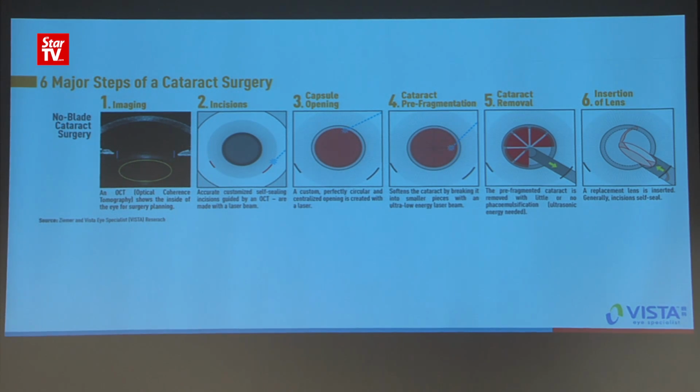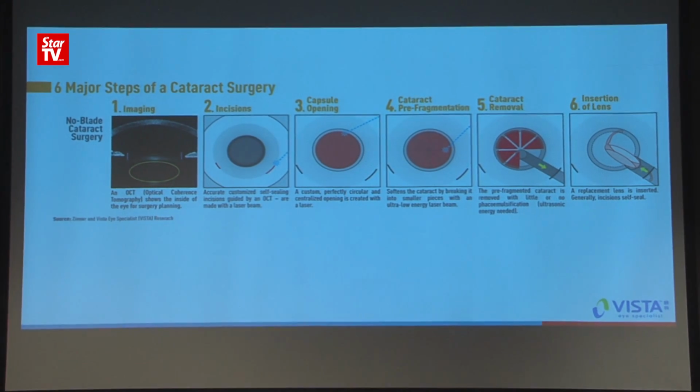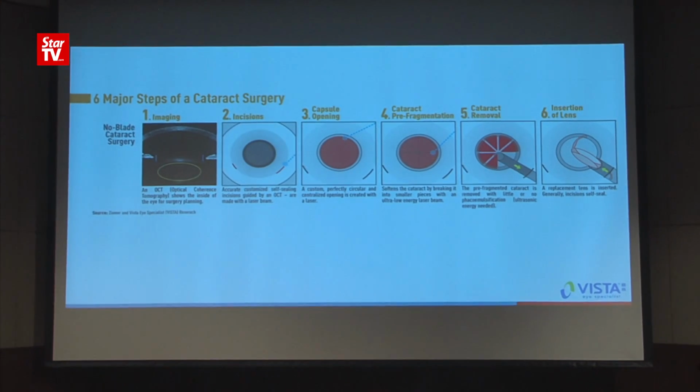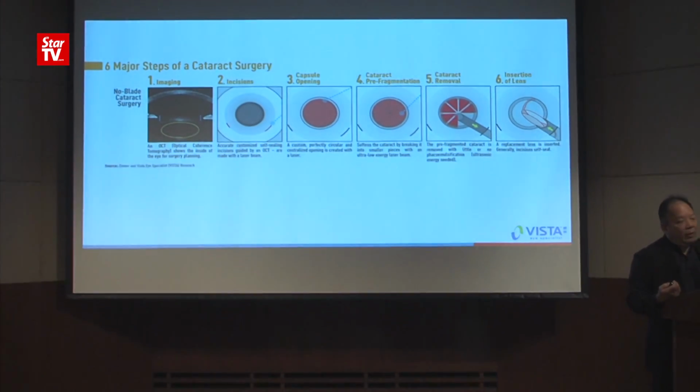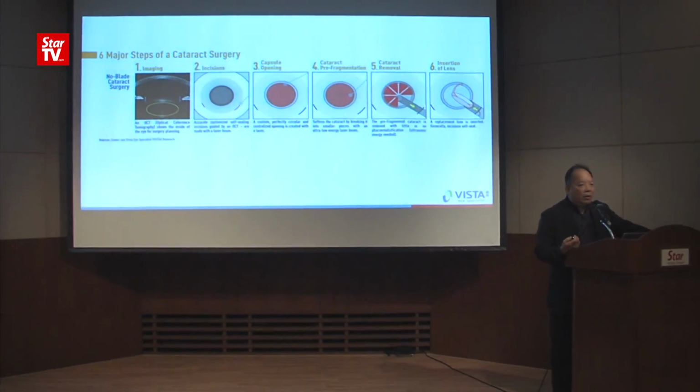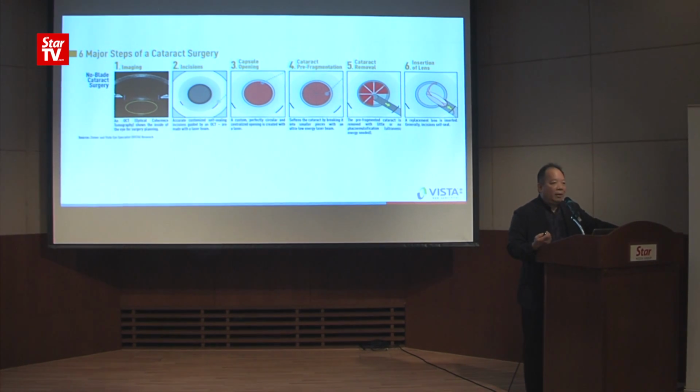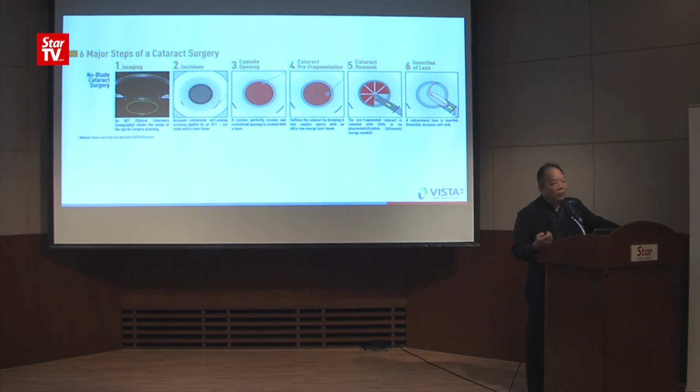And finally, once we empty the lens of its contents, we have what we call an empty capsular bag, into which we implant an artificial lens. If we don't implant any lens into the eye after we remove the cataract, we are not doing any service to the patient, because the patient can't focus.